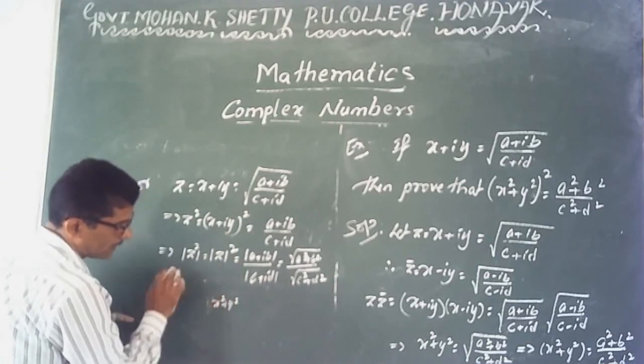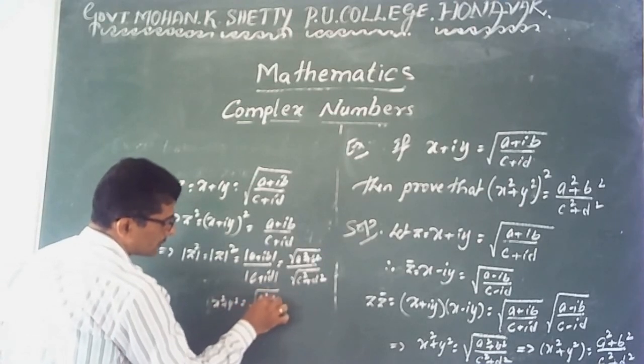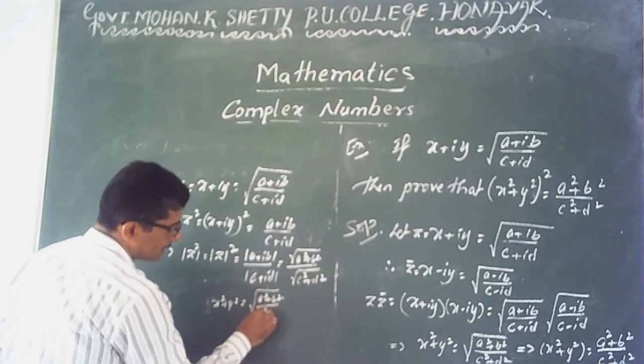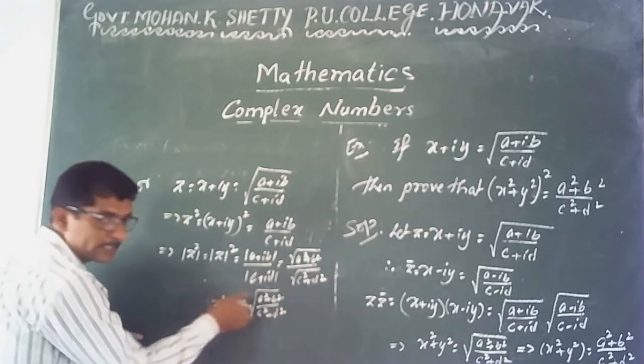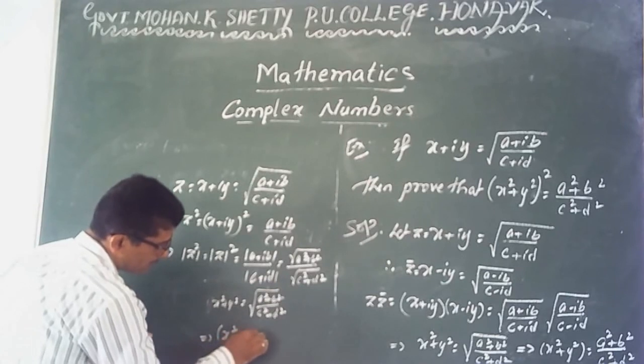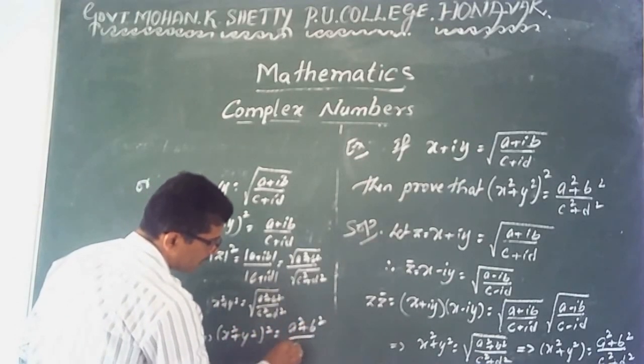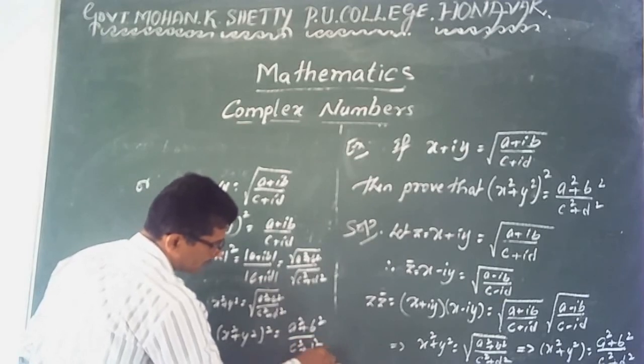The root cancels. Its value is equal to root of a square plus b square divided by c square plus d square. Again squaring on both sides, you get x square plus y square whole square is equal to a square plus b square divided by c square plus d square. Hence proved.